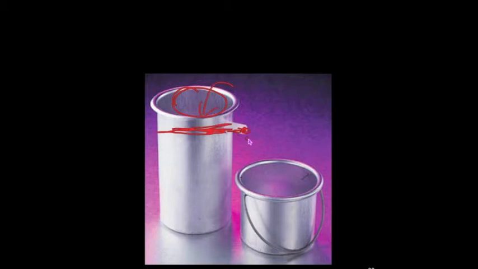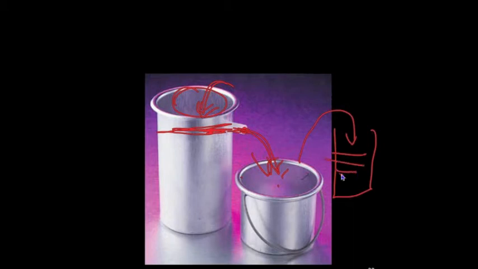When you're ready to place the object in, you place the collecting can right underneath the spout here. You place your larger object in. Whatever water it displaces fills up the collecting can. Then you can pour that water from the collecting can into a graduated cylinder and measure it very accurately to determine the volume of that larger object.